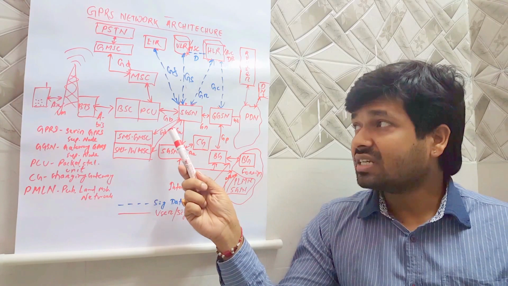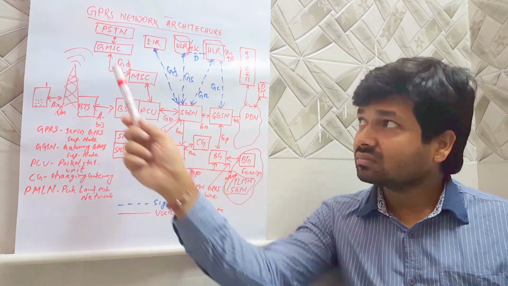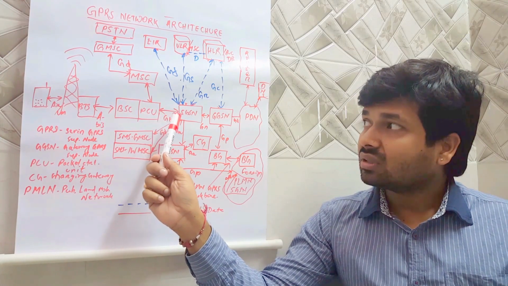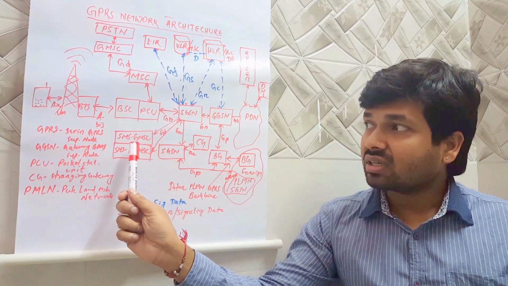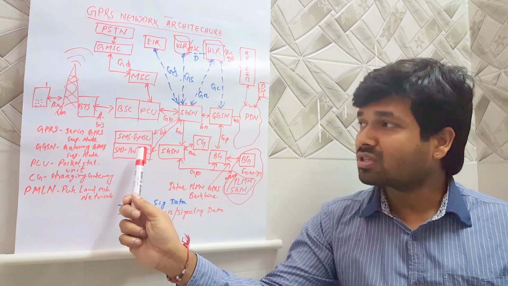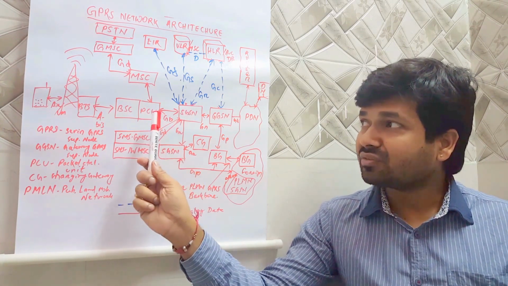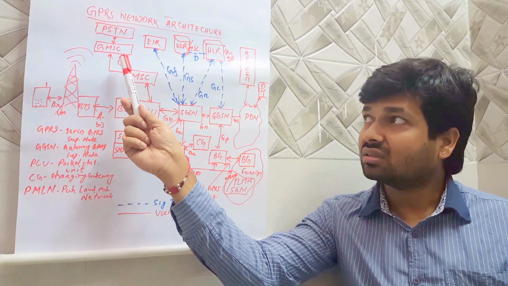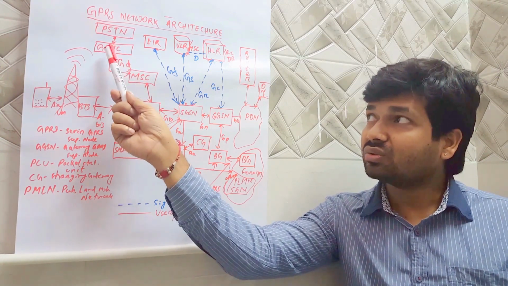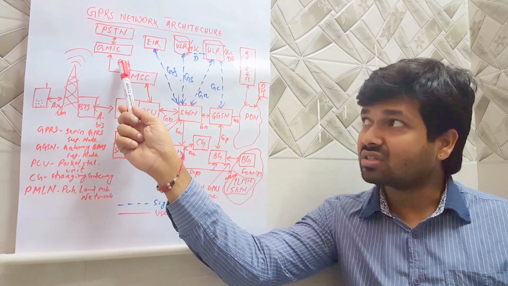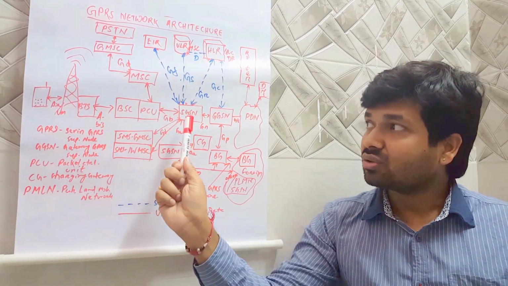Then we have the Gd interface. Here the same interface is from the SGSN towards the SMS GMSC and SMS interworking MSC. Plus we have the same interface from the MSC to the GMSC or the gateway MSC, the Gd interface.